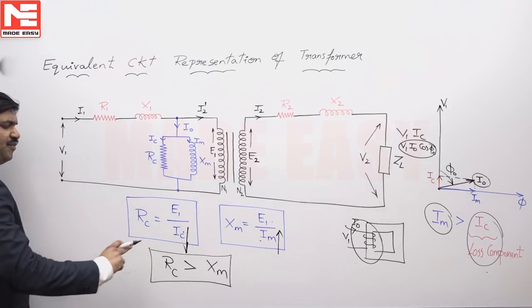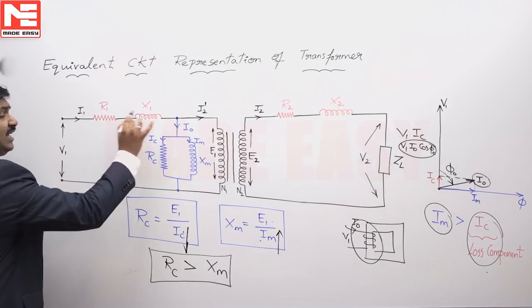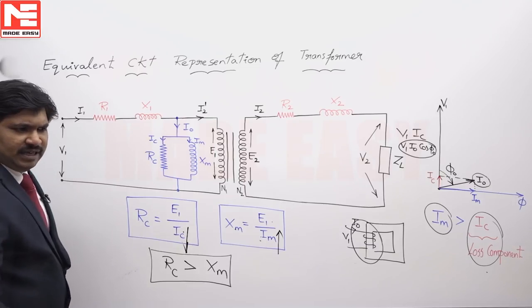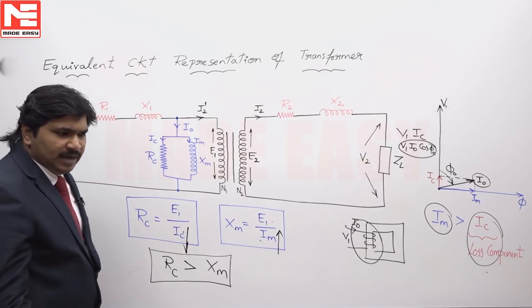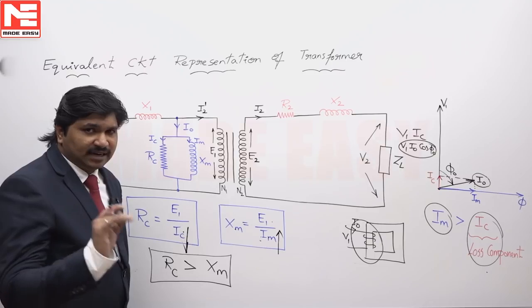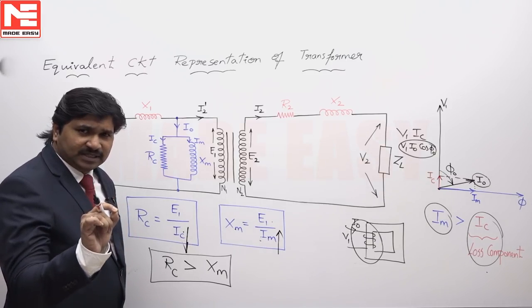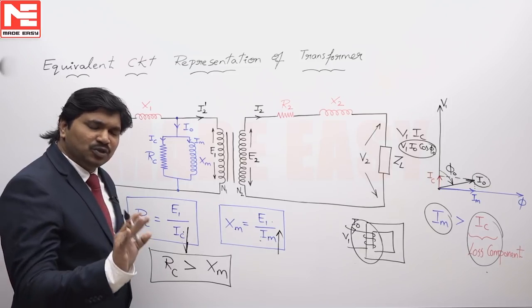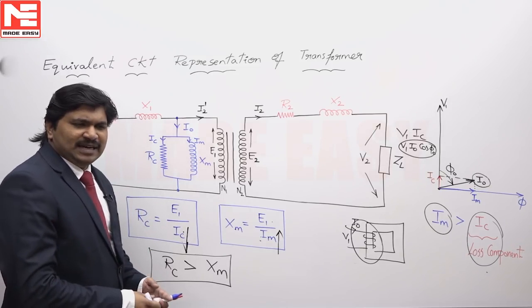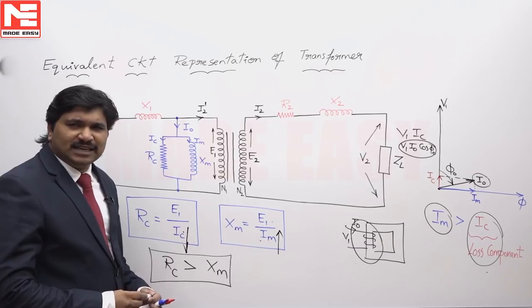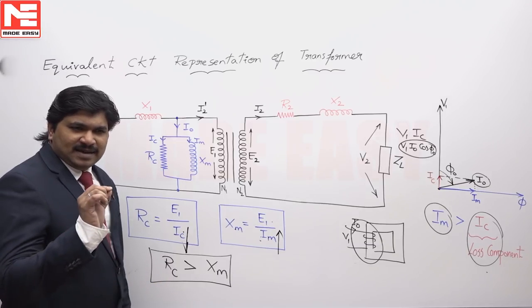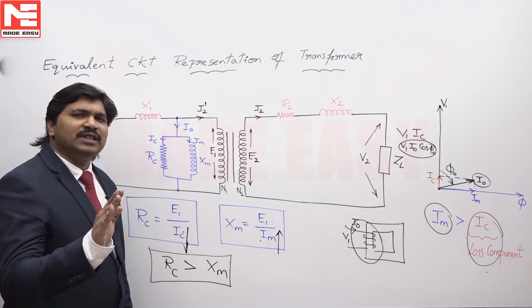Next, we need a relationship for R and X also. Generally, in the windings, there is resistance, there is reactance. We always go for least possible resistance, reactance also least possible value only. Despite of the best effort in the machine design, reactance value will be more than resistance.